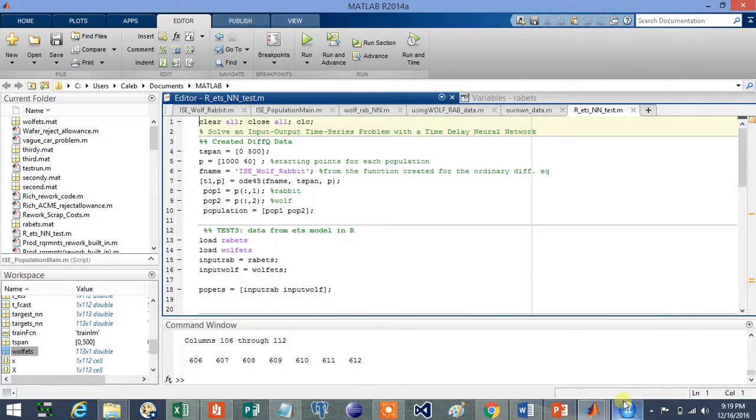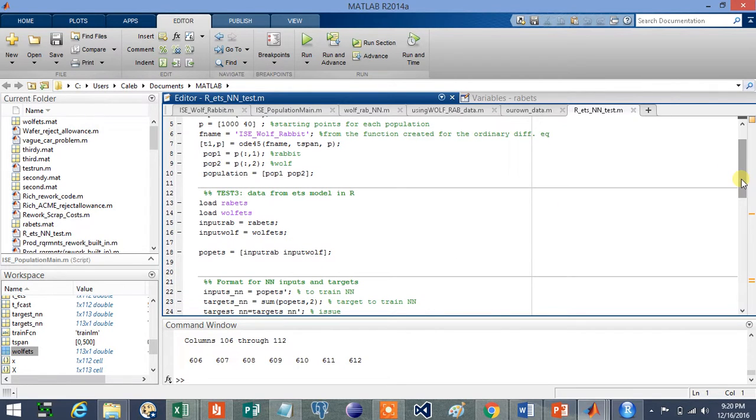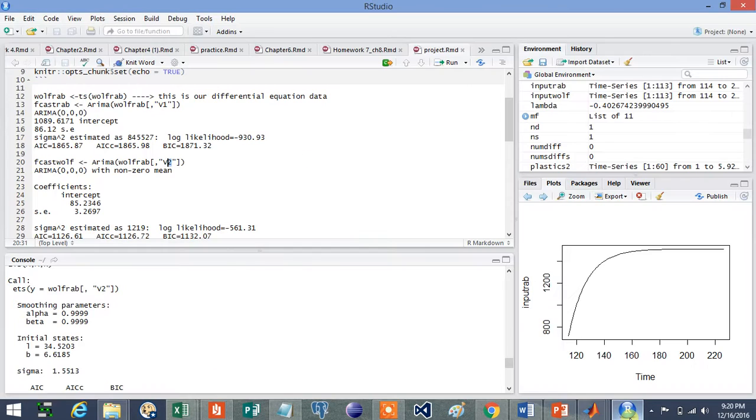I'll show you how we derived the rabbit ETS and the wolf ETS data. And what I did is I took the data generated by the ODE45 function and saved it into a CSV file, and then I read the CSV file into R and then assigned that as a time series to a variable called wolfrab.